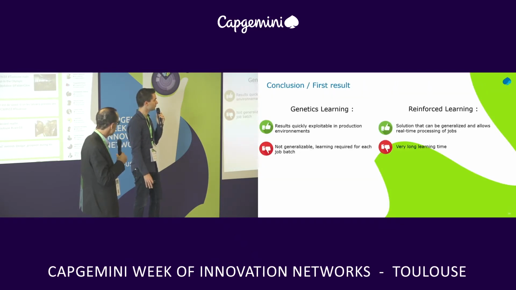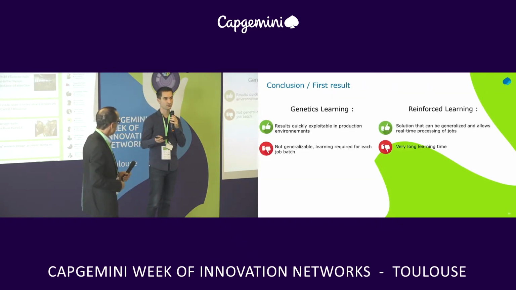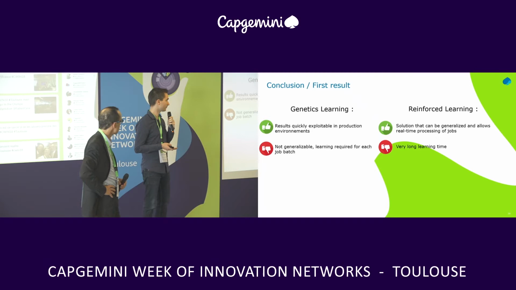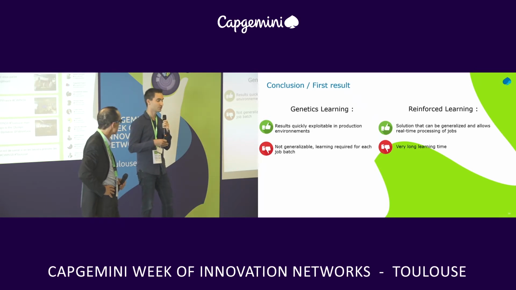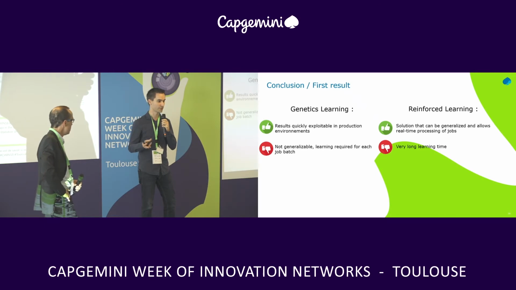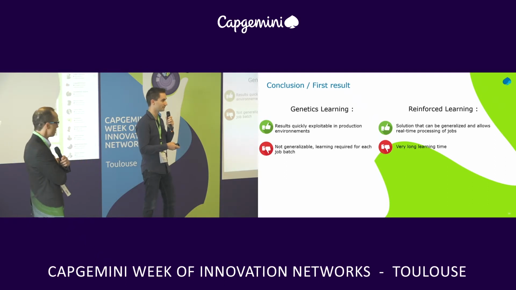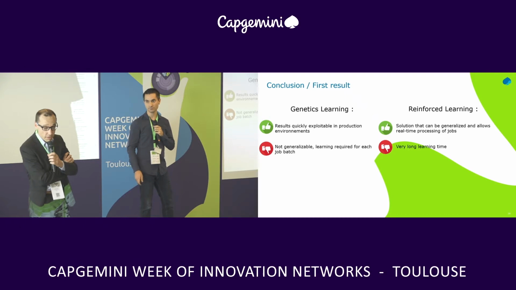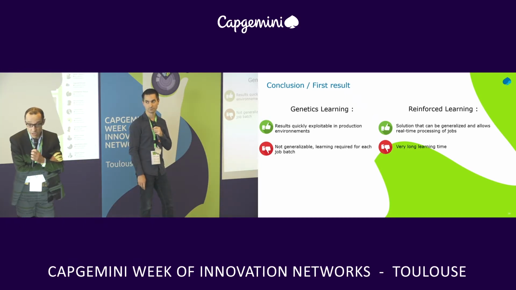So to conclude, we have two approaches. The genetic one is quickly implemented, quickly ready for a production environment, but is not generalizable. If you have to optimize a batch job, it is a great solution. But when you have a new batch job, you have to redo the learning process. On the other hand, reinforced learning is a simulation approach.